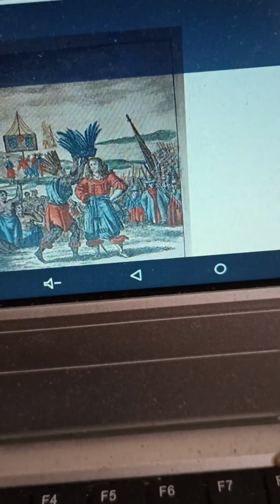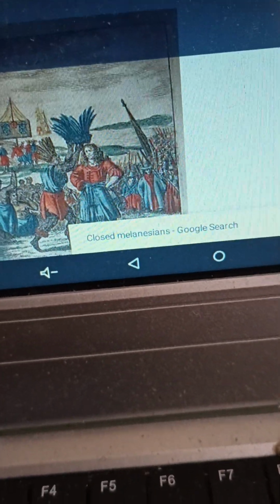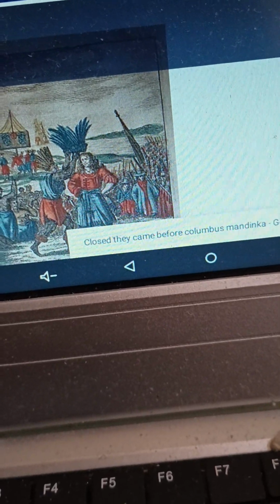but now we can close out this and go over to this, which is an actual Cherokee or Salagi woman.